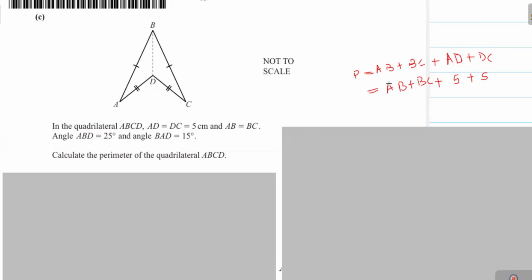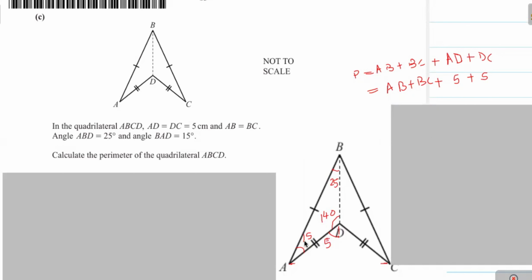The angles of this figure here are ABD is 25 and BAD is 15. Now we mark the angle here. Now to calculate the angle D, we can use the fact that the sum of interior angles of a triangle is 180.